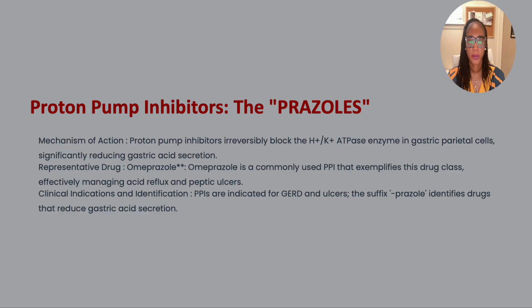So the proton pump acts as a pump transporting hydrogen ions, the protons, from the cytoplasm of the parietal cells into the stomach lumen, while simultaneously bringing potassium ions from the stomach lumen into the cytoplasm.